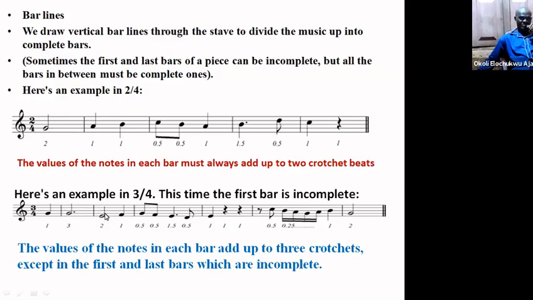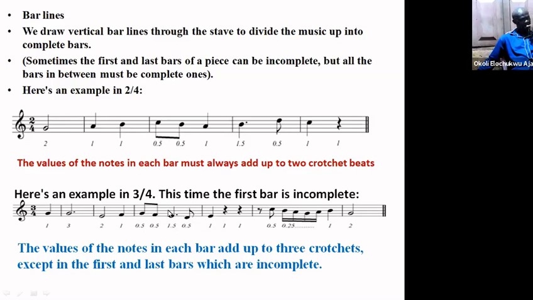Now, when you move on here, you see a minim plus a crochet. If you add it up, 1, 2, 3, it gives you 3 crochet beats in this bar. Now, when you come up here, you see a quaver, a dotted crochet, and a quaver. When you add it up, 0.5 plus 0.5 is 1. 1 plus 1.5 is 2.5. 2.5 plus 0.5 gives you 3 crochet beats.